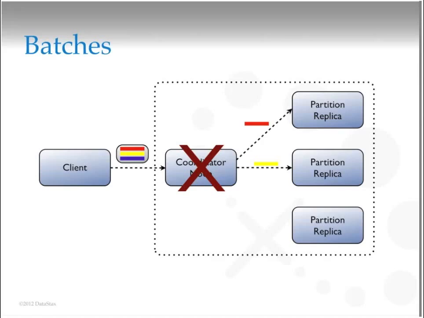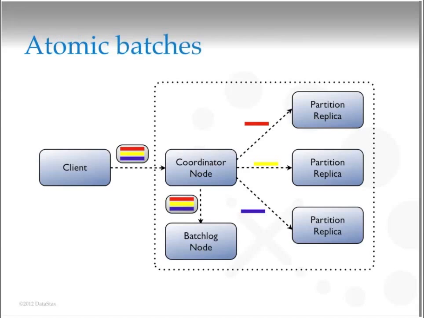So that's what we're doing with atomic batches. We created a sort of distributed commit log called the batch log that the coordinator will write the batch to before it starts sending it out, to provide durability.